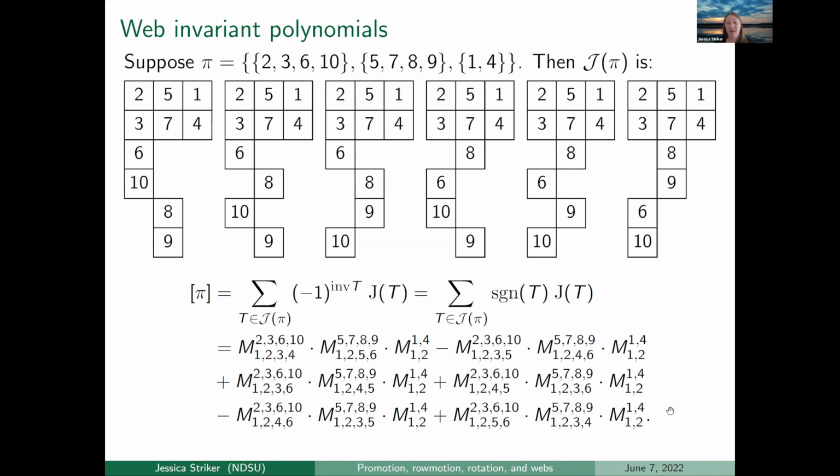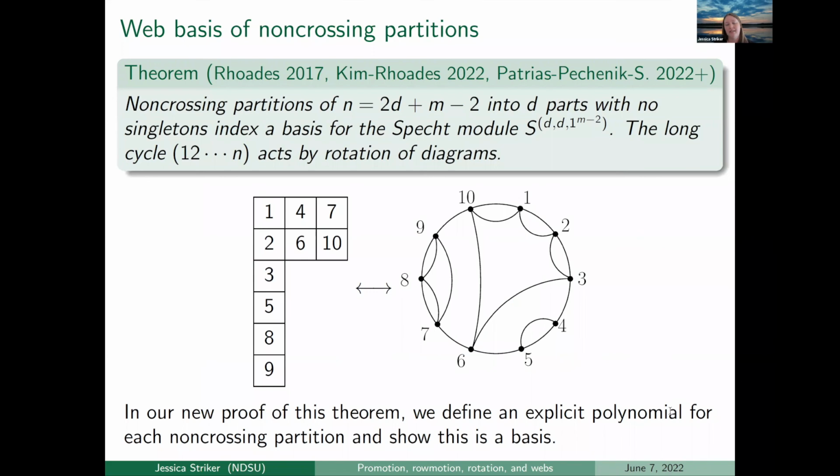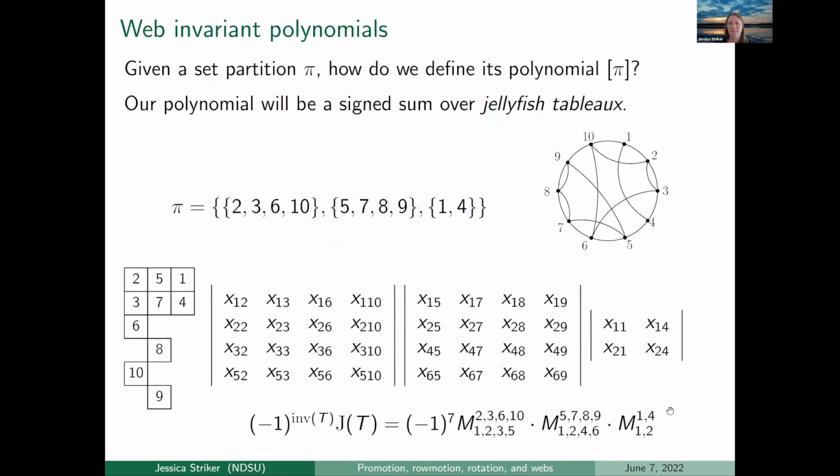And like that giant polynomial is the polynomial that's the basis element associated to the set partition. And then the theorem is that it's not the crossing ones, right? It's the non-crossing ones that give us the basis.